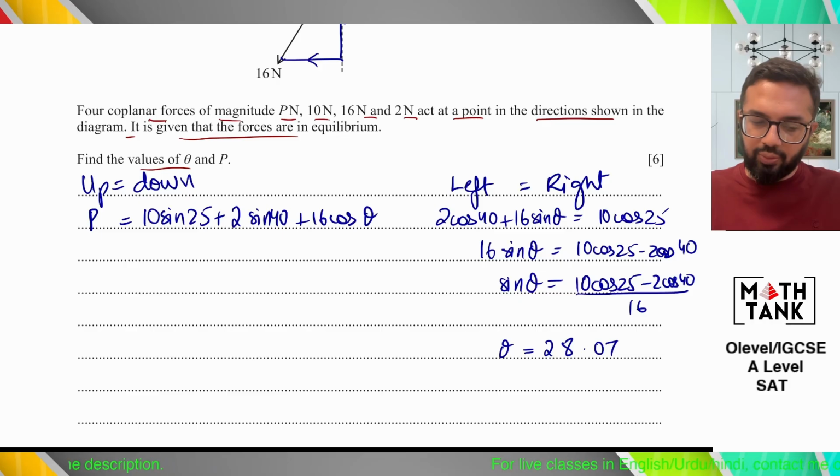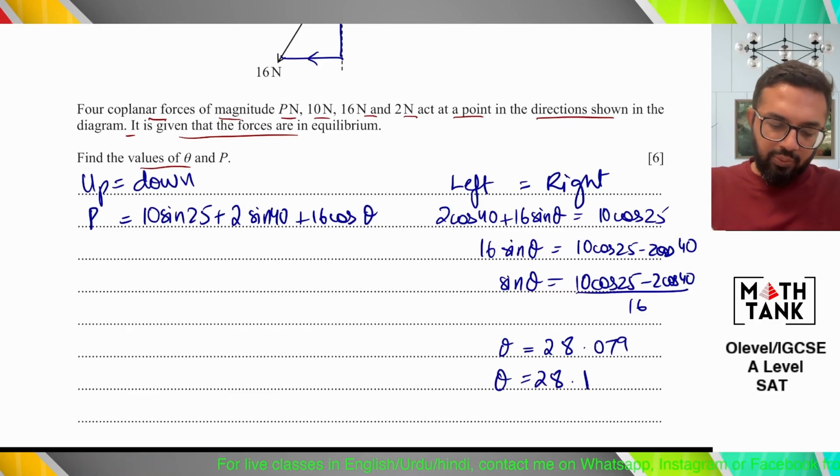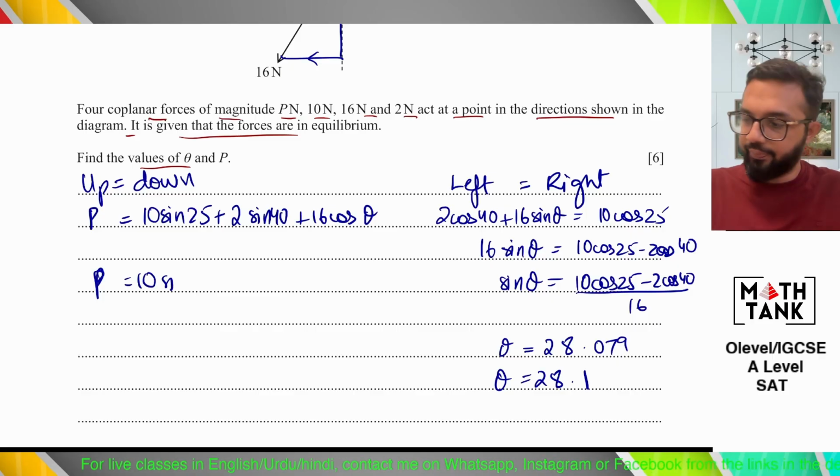Twenty-eight 28.07 is 28.1. I plug in that here.